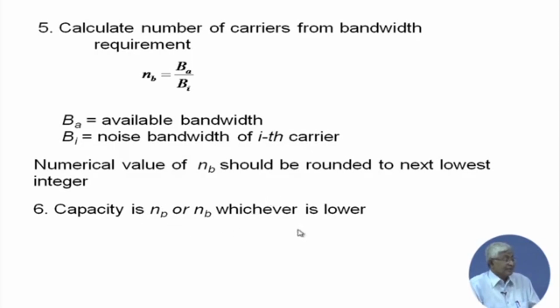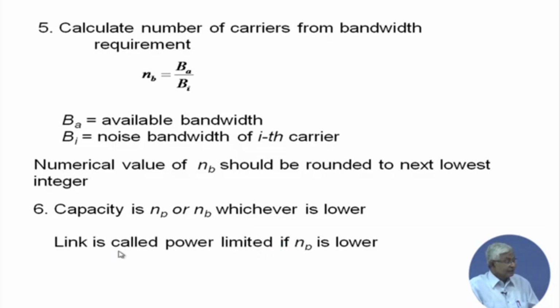If you do it in terms of bandwidth, it may come out much larger, and you say that many carriers will be supported. But if you put that many carriers in terms of power, you will find it is exceeding the EIRP. The other way is also true. Therefore, the lower one has to be used; the capacity will be the lower of NP and NB, which means both have to be calculated.